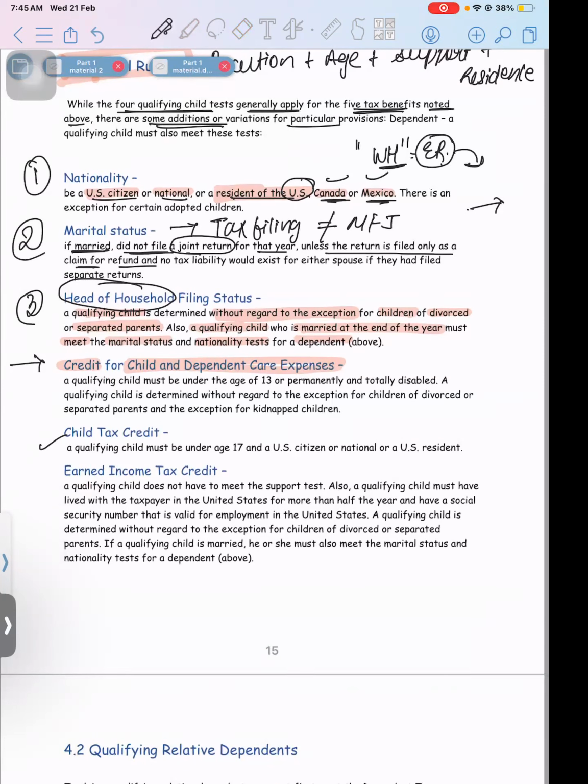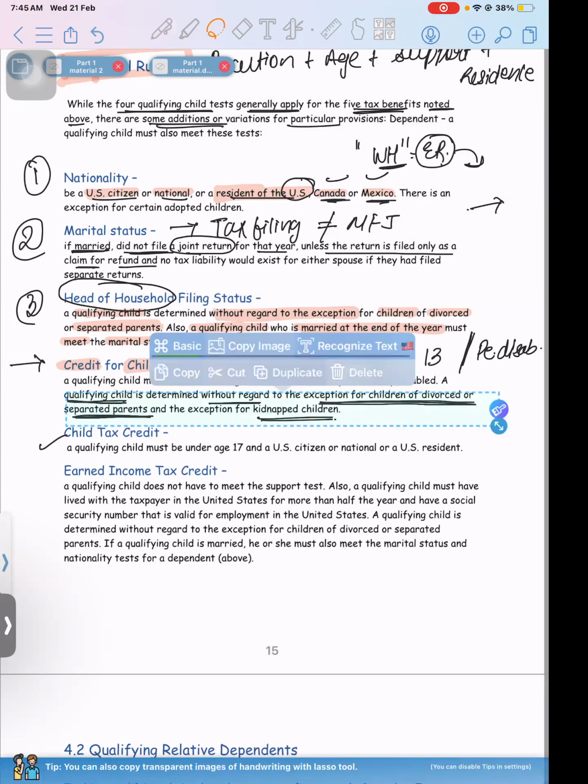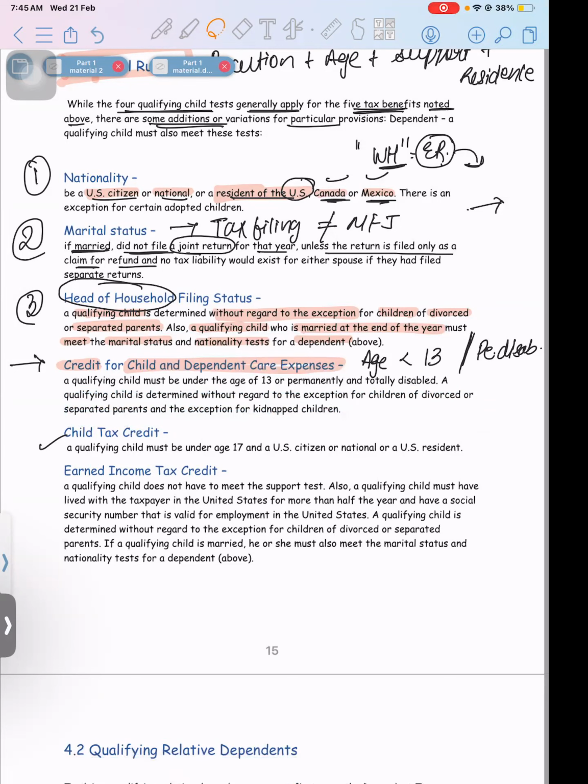Any person whose age is less than 13, or whose age is not less than 13 but who is permanently or totally disabled, a qualifying child is determined without regard to the exception for children of divorced or separated parents, and an exception for kidnapped children. Okay, this I'll tell you later on. First, remember one thing: if a child's age is less than 13 or if a person is permanently disabled, then for them you can claim a dependent care expense.